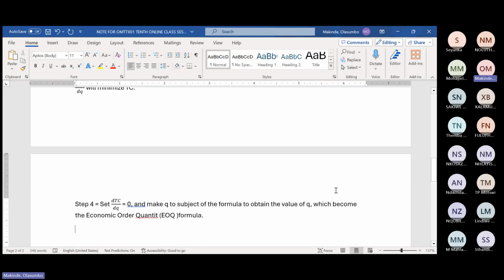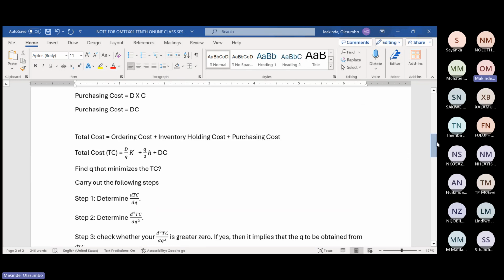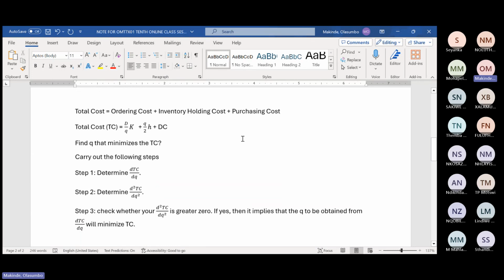So let's do all those steps, and also in the test, all the steps that I highlighted, I can ask you: the following are the steps that you need to follow when you want to determine if your Q minimizes your total cost during the formulation of the economic order quantity formula. So I provide all these steps.